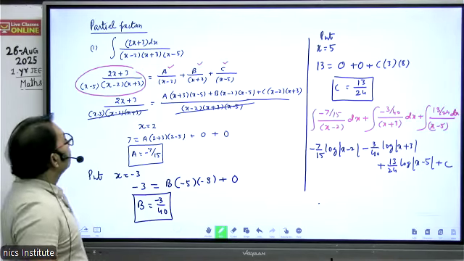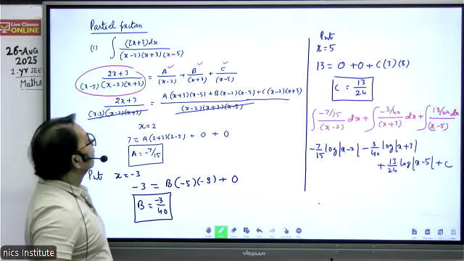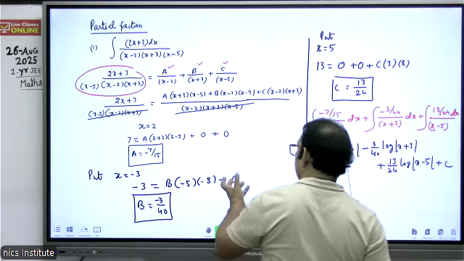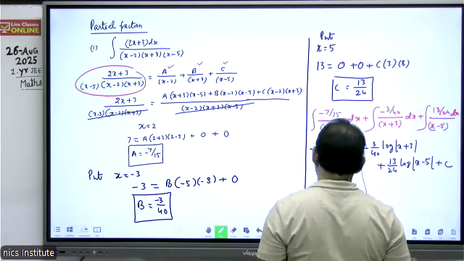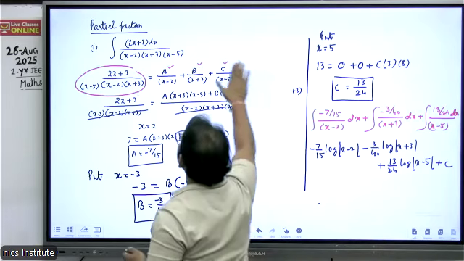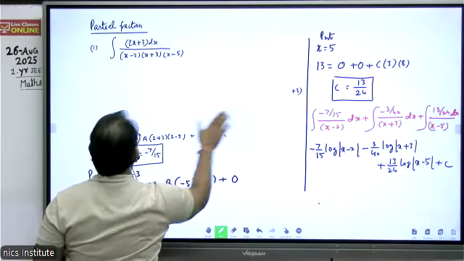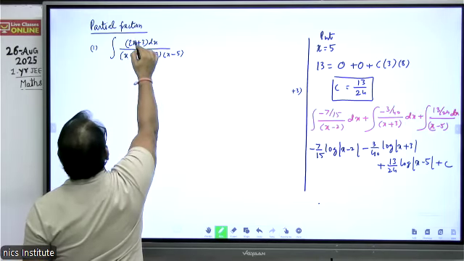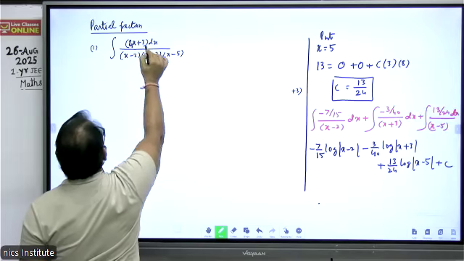Now, what if one of the linear factors is cubed or squared? It's not a linear factor, but it's having some index also. So this is 4x plus 3.